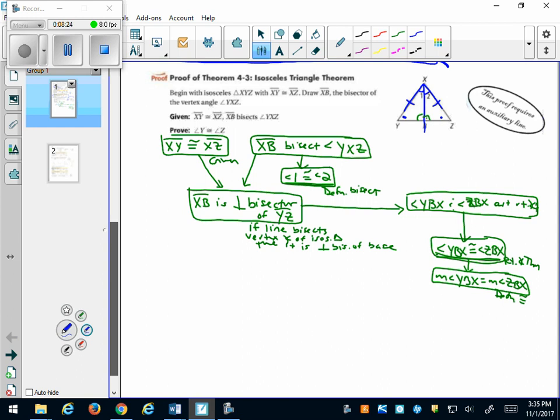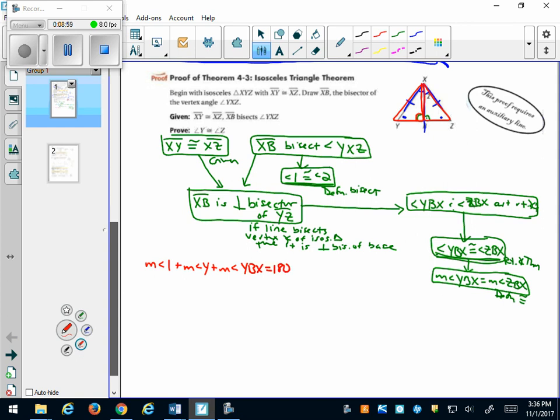Okay, now I'm going to state 2 things about these two triangles. This triangle separate from this triangle. Both of those have the triangle sum theorem that can be applied here. So I'm going to say the measure of angle 1 plus the measure of angle Y plus the measure of angle, this one, which we called YBX, equals 180.